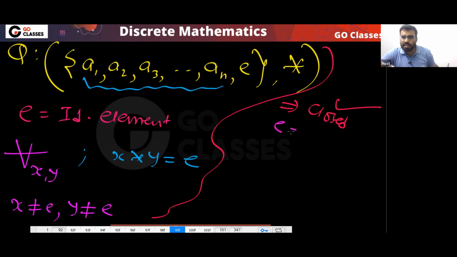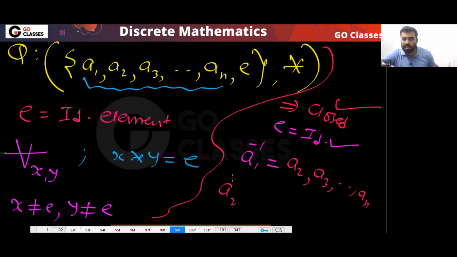The identity element is the identity element. And you can notice, what will be the inverse of A1? All these elements: A2 will be an inverse, A3 will be an inverse, up to AN. So what will be the A2 inverse? That will be A1, A3, and so on, AN.